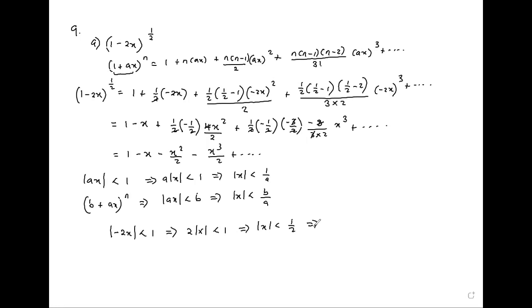From inequalities, we saw that this is the same as negative half less than x less than half. There's everything wrong in leaving it in modulus form, because if you leave it there, it means that you don't know how to extract it.